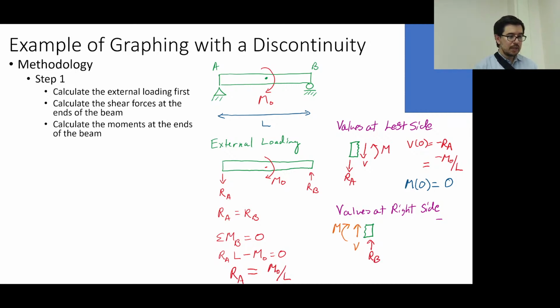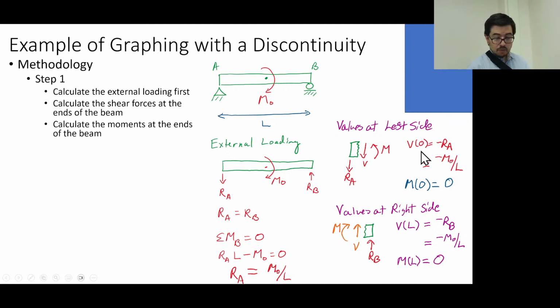When we do that, we can get an idea of what V is going to be and what M is going to be. We can see that we have a shear force on the left side but no bending moment on the left side here. And on the right side, we also have no bending moment, and we have a shear force.